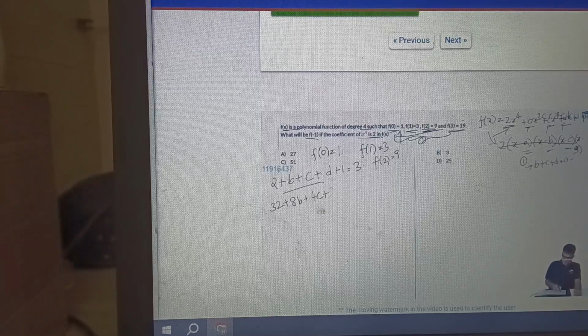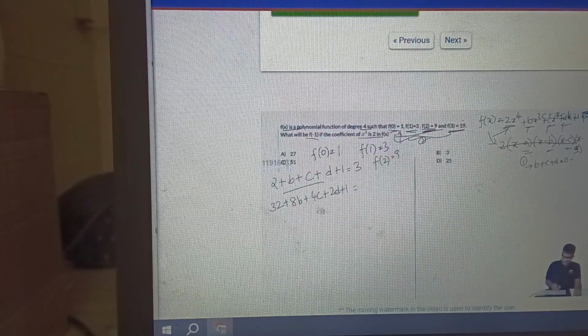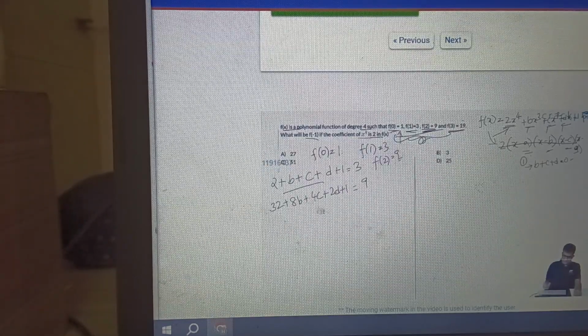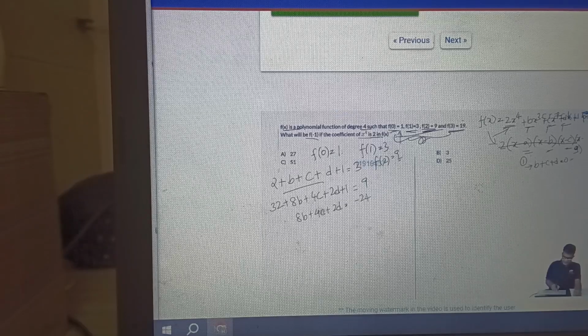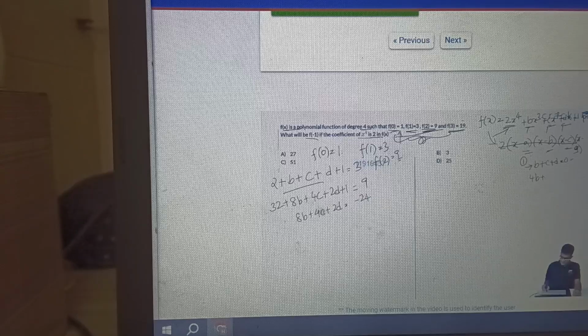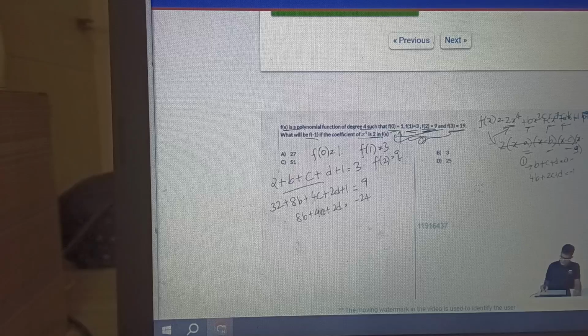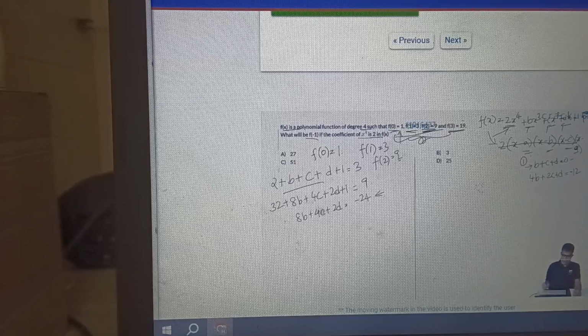Plus 2d. Plus 1 is equal to 9. Or the value of 8b plus 4c plus 2d is equal to minus 24. Or the value of 4b plus 2c plus d is equal to minus 12. We are just dividing this entire equation by 2.